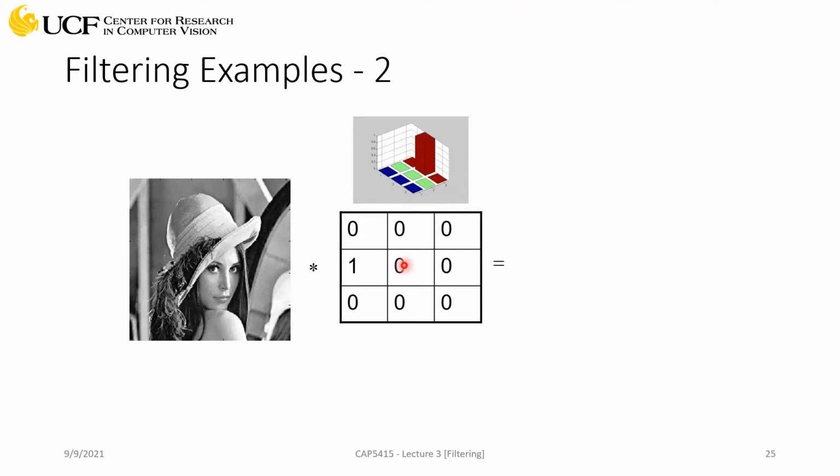When you do element-wise multiplication, you will only have the value from this neighboring left pixel. So essentially the effect is that you take that value and copy it here. You're copying the value from left to right, and that's why the image is actually shifting from left to right. So Amelia, was that clear? Okay, great.